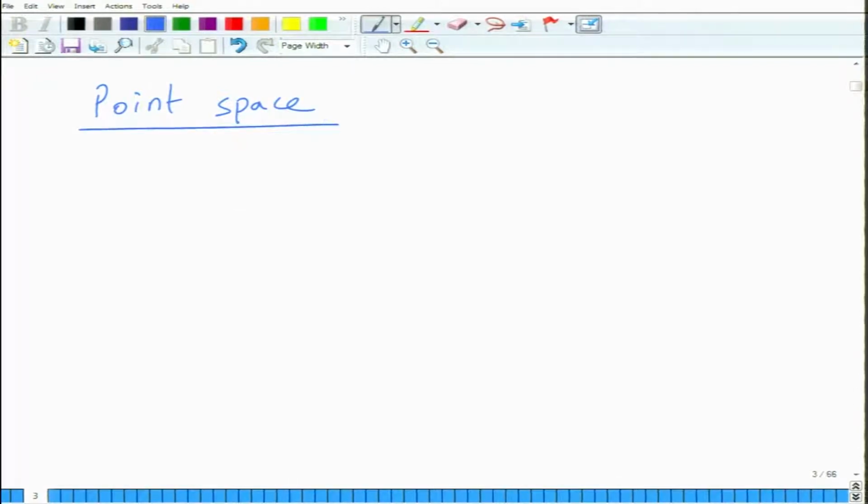There are various methods by which you can do that. The points may be spaced like this, or the points may be spaced like that. These are just two illustrations, there are various other possibilities.